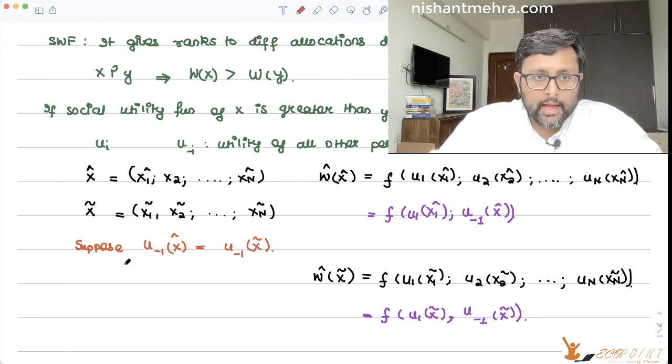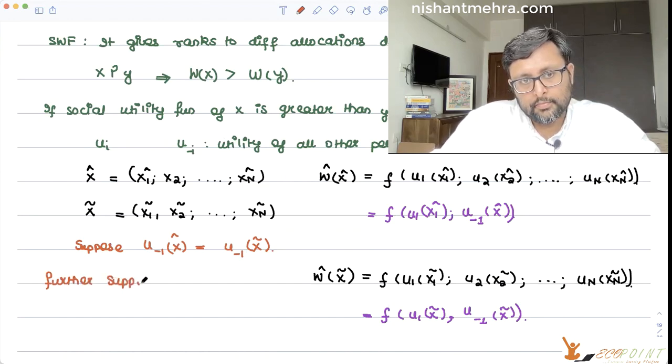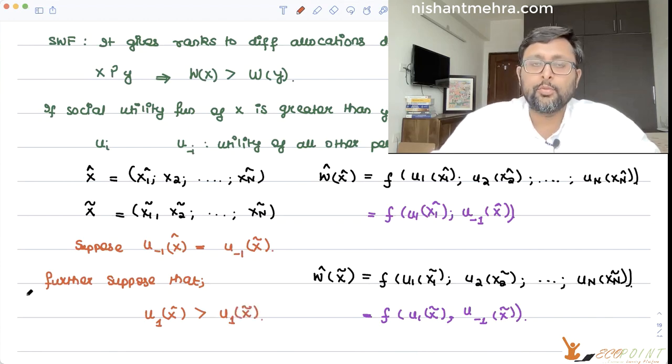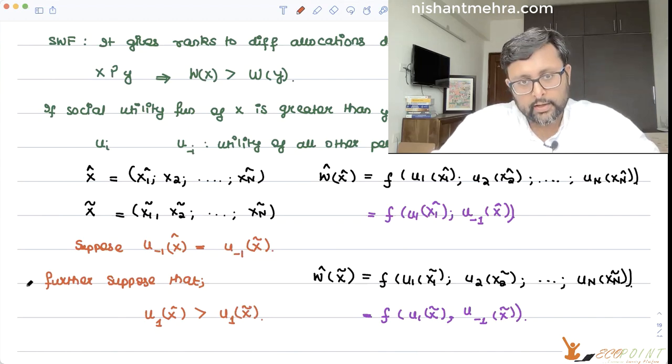And also further suppose that the utility of individual 1 from consuming X hat is strictly greater than the utility of individual 1 from consuming X curl, right? So U1(X hat) is greater than U1(X curl).